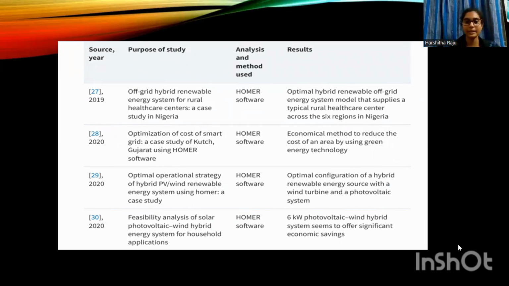We have the analysis and method used, that is the Homer software. Next we have the optimal hybrid renewable off-grid energy system model that supplies a typical rural healthcare center across the 6 regions in Nigeria.